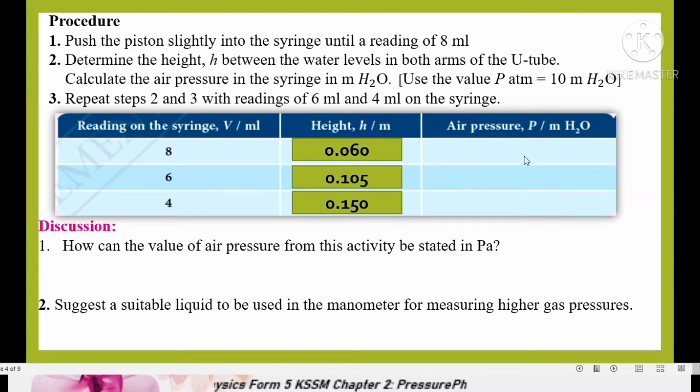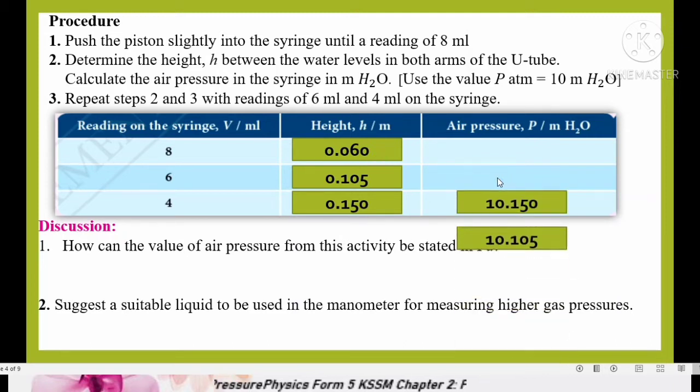So what is the air pressure? We have discussed before. The air pressure is equal to what? Okay, so the air pressure here is equal to atmospheric pressure plus h meter of water.